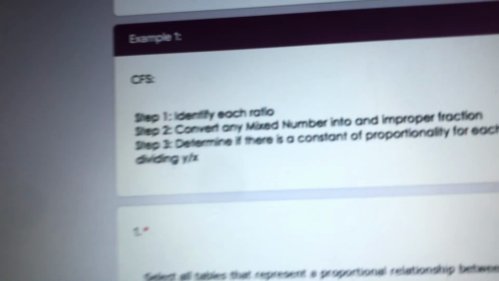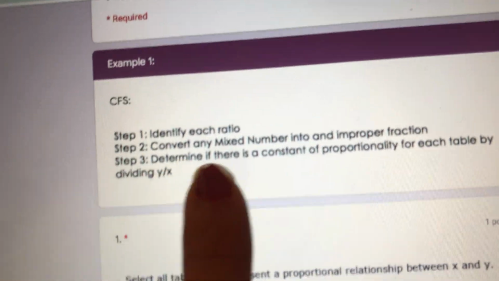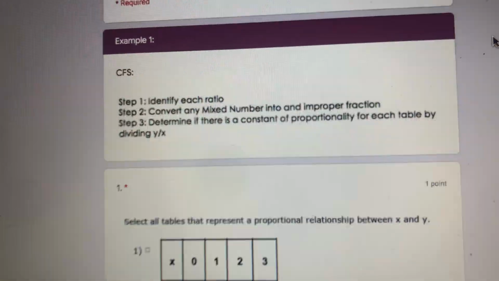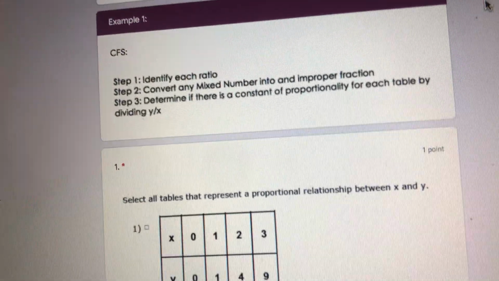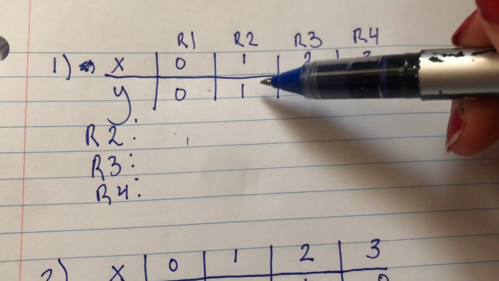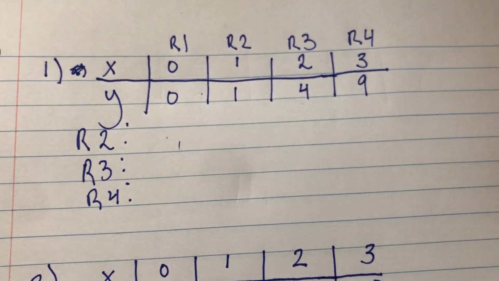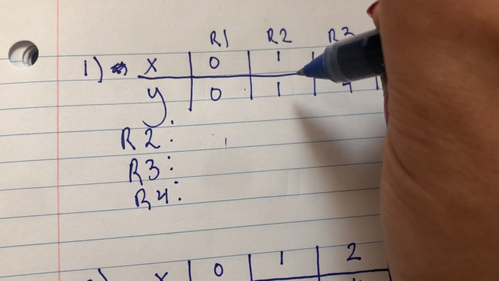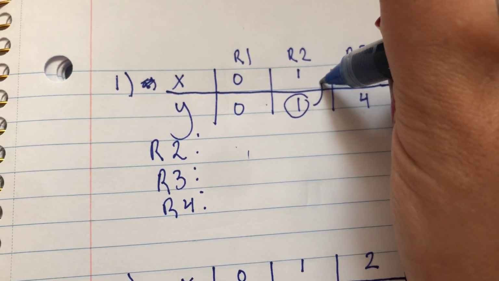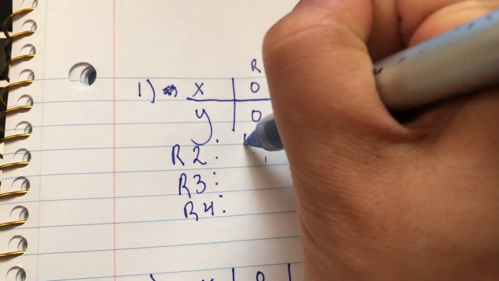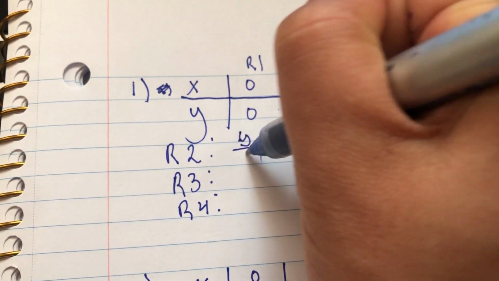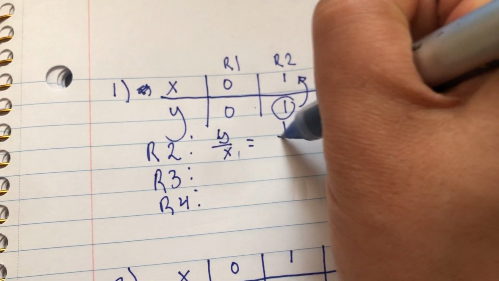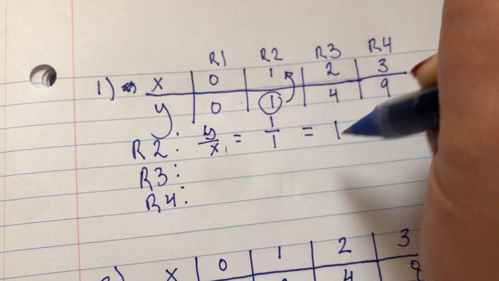And so the last step, step 3, is to determine if there's a constant of proportionality for each table by dividing y over x. Some of you might do this a lot quicker, and you're able to find the multiples. That's totally fine as well. So I'm just going to start off with getting you guys used to y over x. So ratio 1, we have y over x, which is 1 over 1, that equals 1.